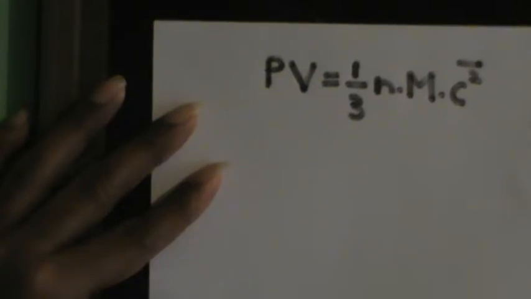From the kinetic theory of gases, I taught you that PV equals 1/3 N m C squared bar. This is the equation that we derived from the kinetic molecular theory of gases.